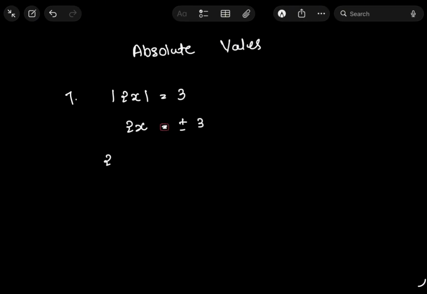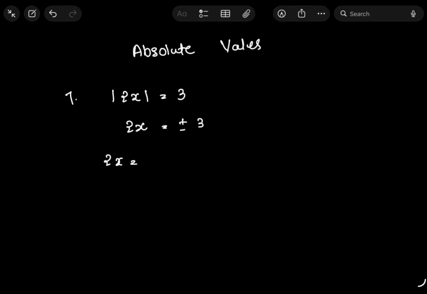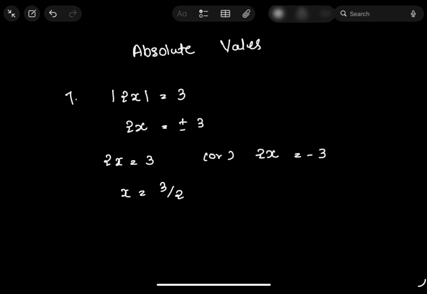So 2x can be equal to 3 or 2x can be equal to negative 3. When we divide both sides by 2, it will be equal to 3 over 2 or negative 3 over 2.